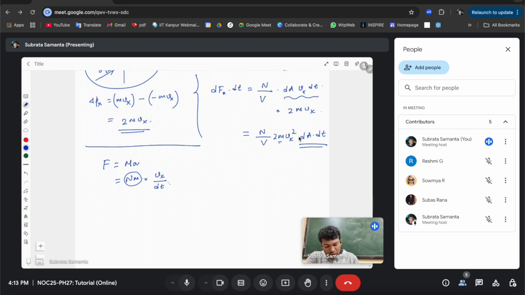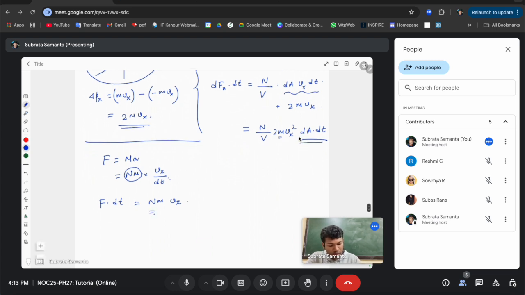So if we calculate the dimension, F dt is N m times vx. Now if we match the dimensions, we have an area and this is a volume.